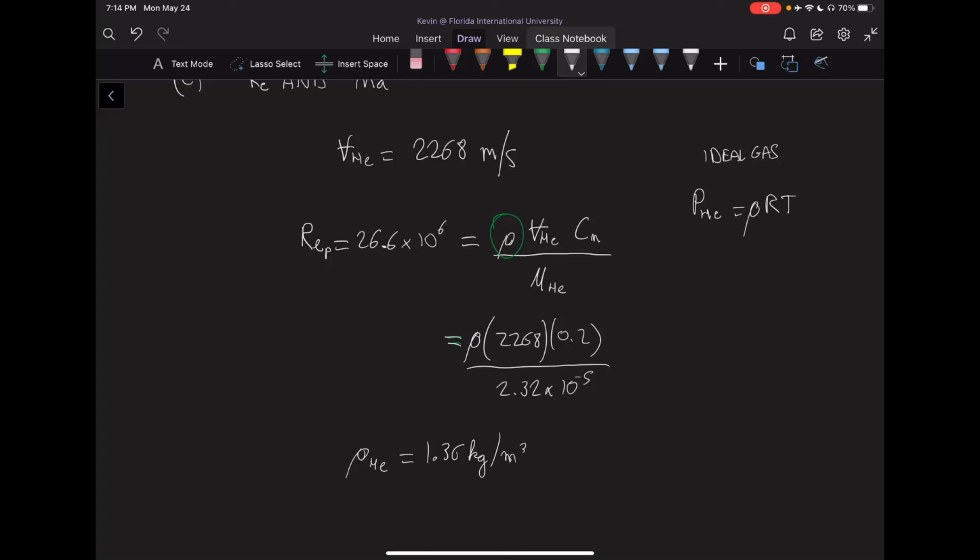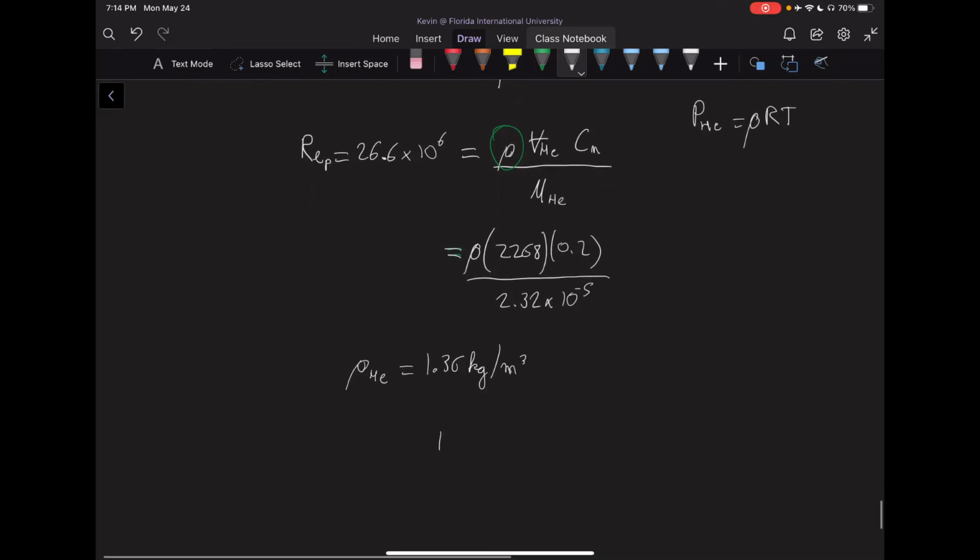Now, in order to make that happen, we need a different pressure in our tunnel. So our pressure in our tunnel is now equal to 1.36 multiplied by 2,077 multiplied by 373.